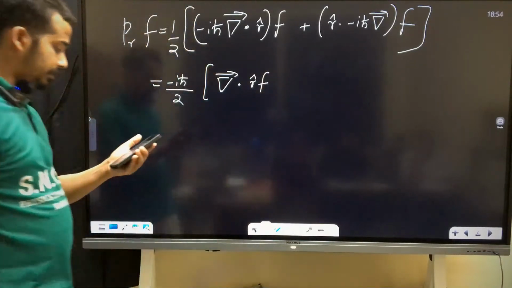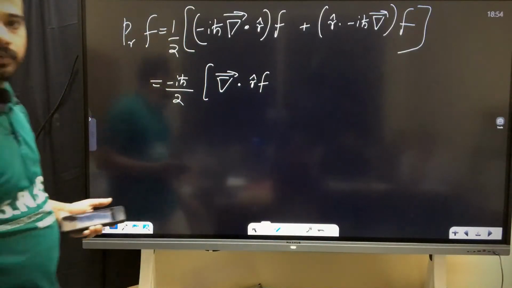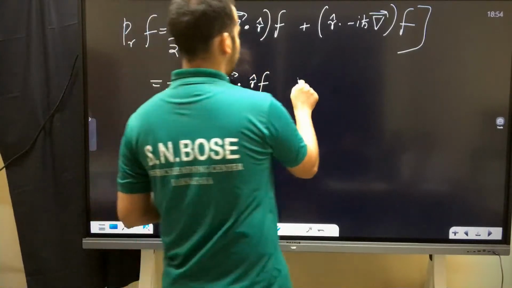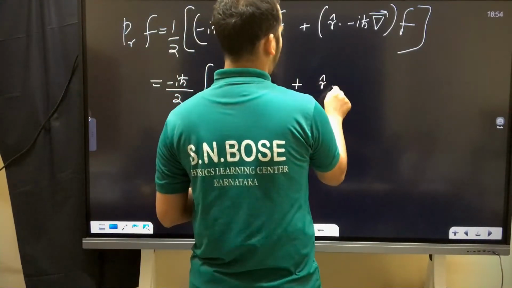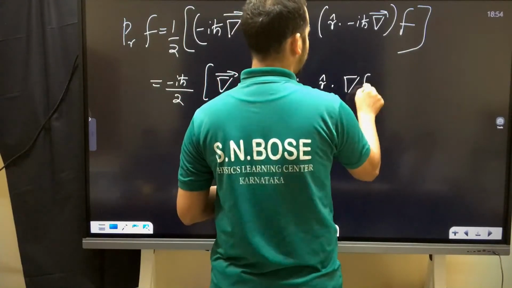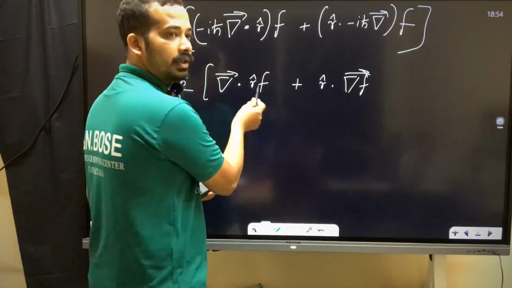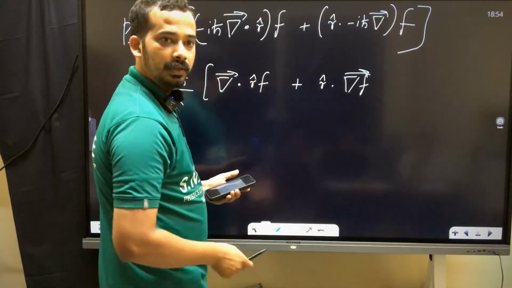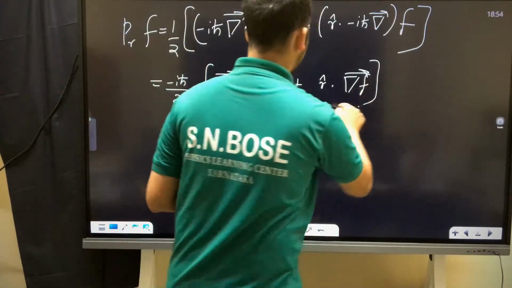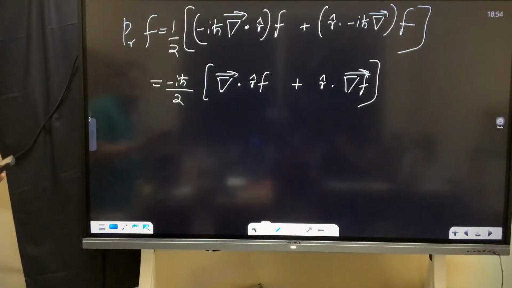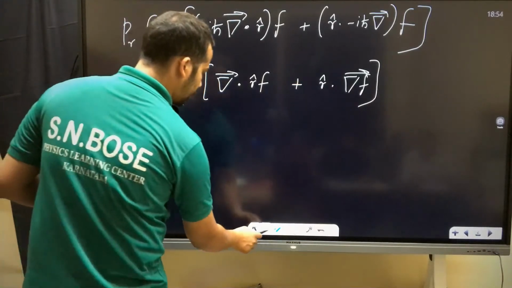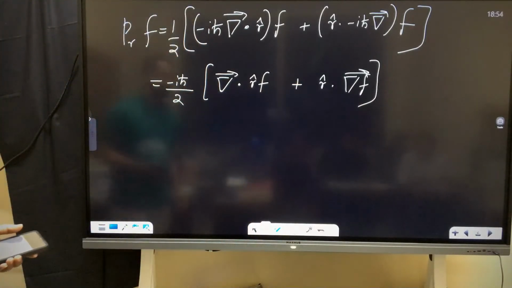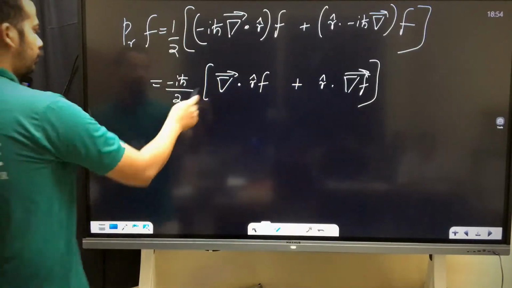Plus, minus i h bar by 2 taken outside, r cap dot gradient of f. It's a kind of divergence, vector calculus divergence. I have done this in cylindrical coordinates, but I'm trying it in spherical polar coordinates. So can you do this one now?